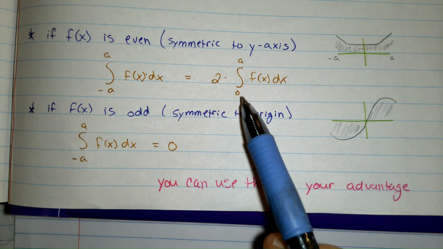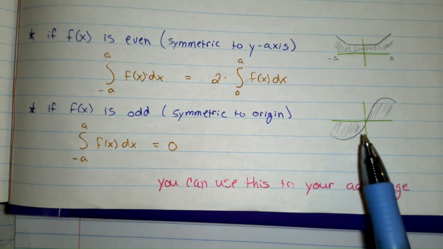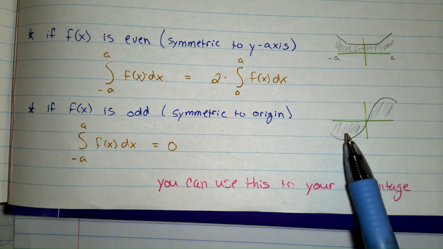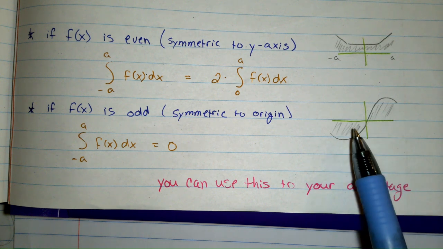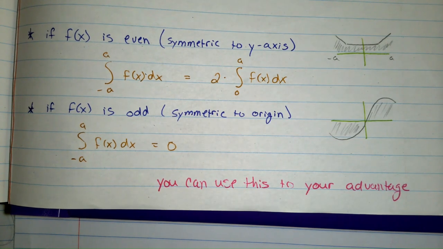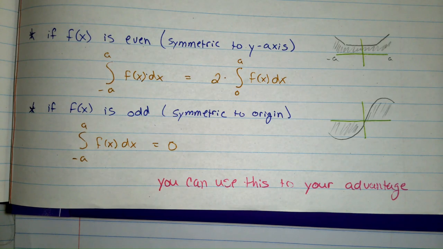And that's nice because then you're subtracting 0. If it's an odd function, your integral is always going to be 0, and you can use that to your advantage as well. Long division might need to come in. There are a lot of different ways that we can adjust these equations to help us out.